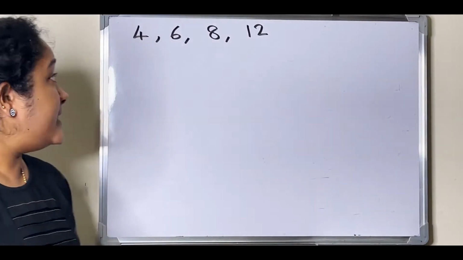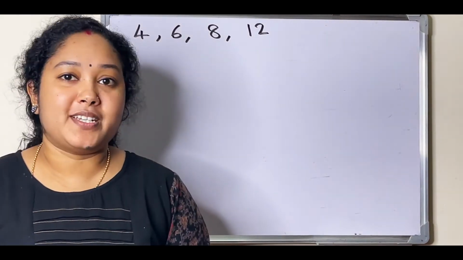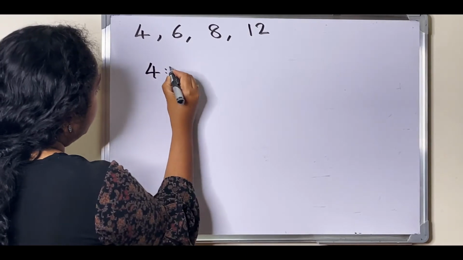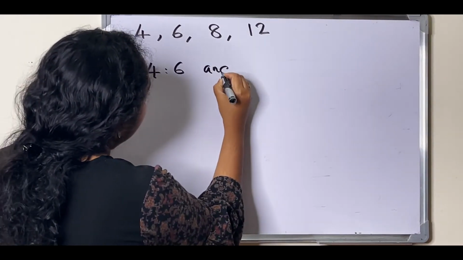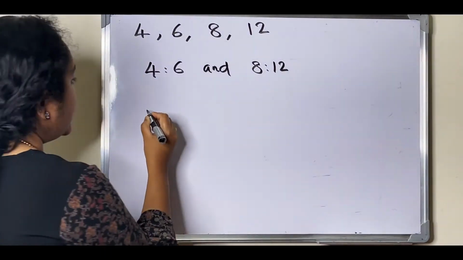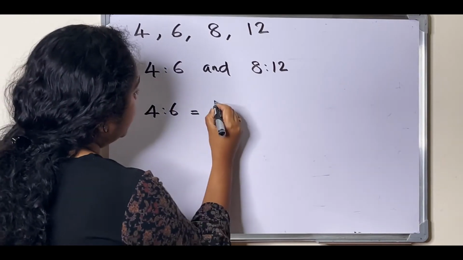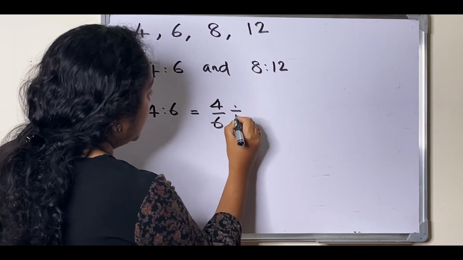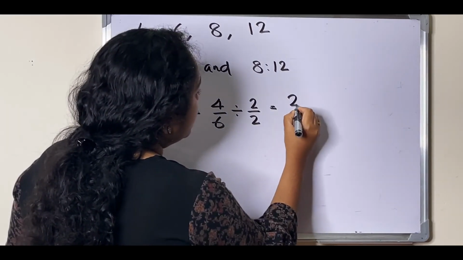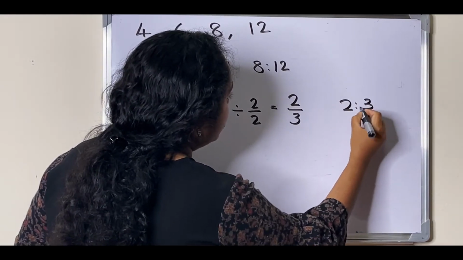First example is determine whether the numbers 4, 6, 8, 12 are in proportion. So the ratios are 4:6 and 8:12. Let's check. 4:6 is equal to 4 by 6. It can be divided by both 2 by 2. We get 2 by 3, and the ratio is 2:3.